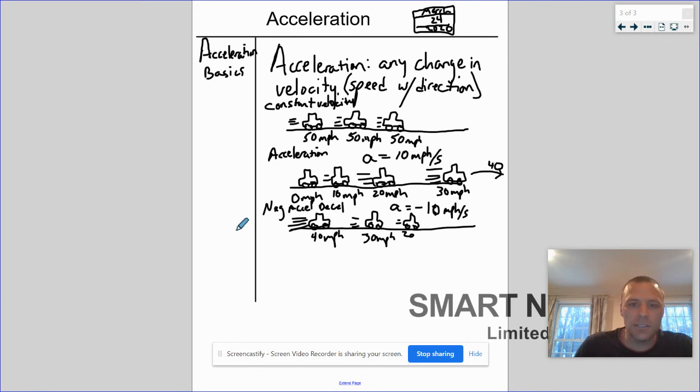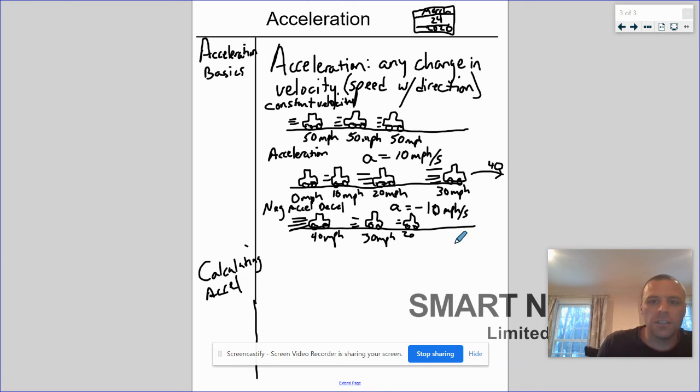For the next left-hand topic, the final one, we're just going to talk about calculating acceleration. So to calculate acceleration, it's pretty simple. Acceleration is change in velocity divided by time.